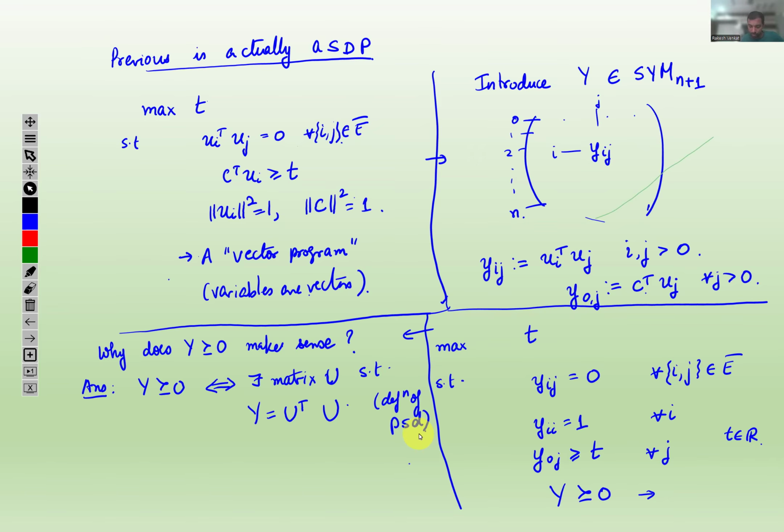But then you can look at the columns of U, or rather the rows of U transpose, actually the vectors u1 to un. And then the constraint that yij is the inner product of two vectors is automatically imposed and equivalent to y being positive semi-definite. So that's the reason that semi-definite programs are useful over here when we look at the theta function.